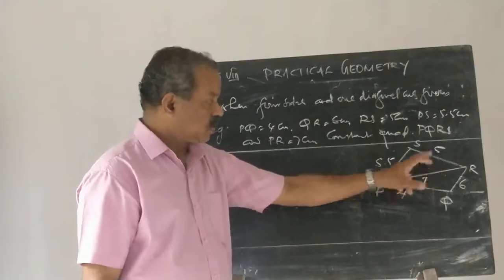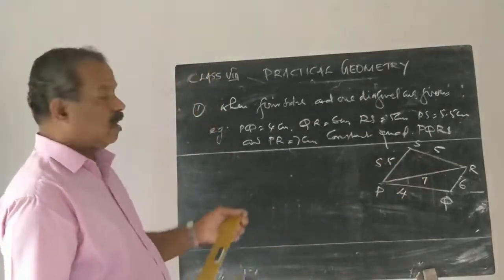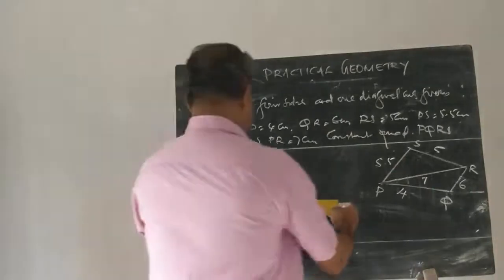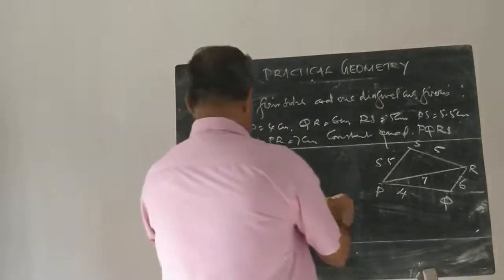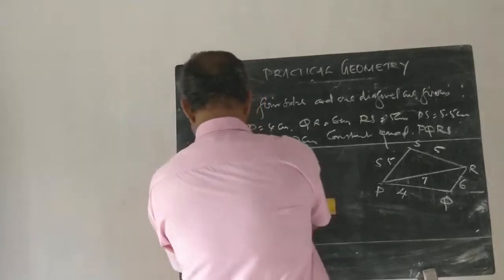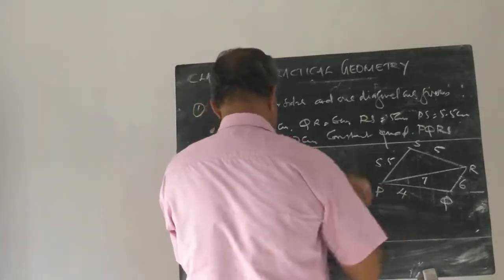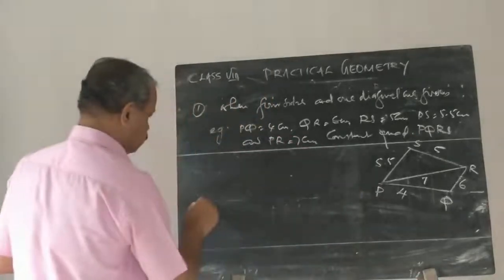These two triangles make the required quadrilateral PQRS. So first we can draw the diagonal PR, 7 centimeters.